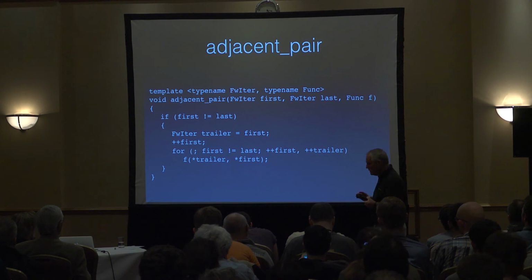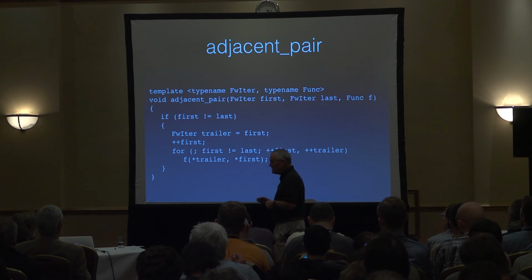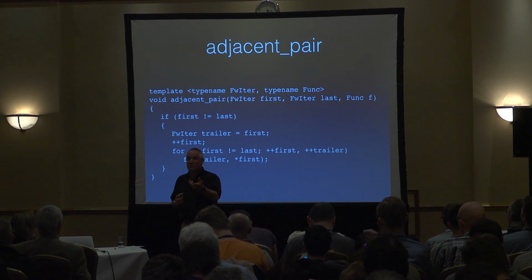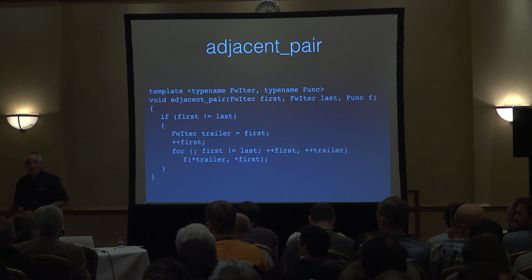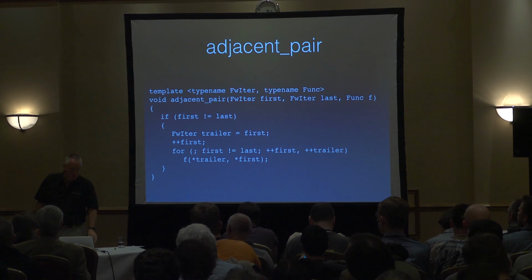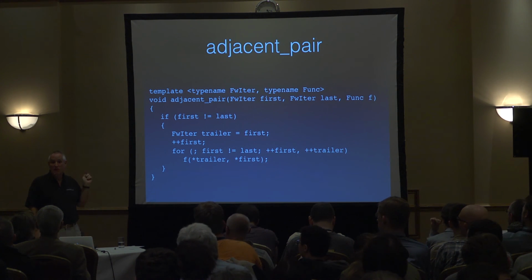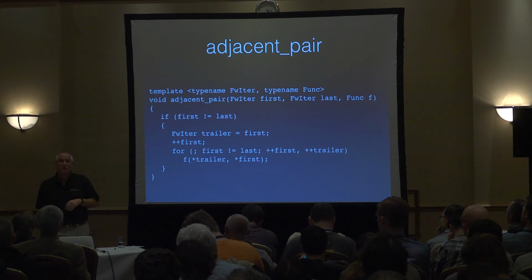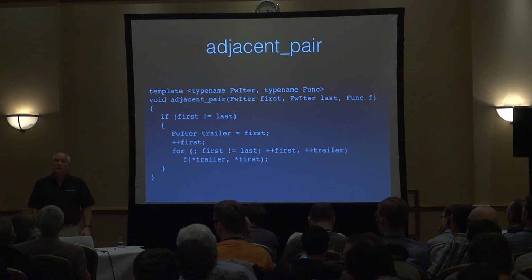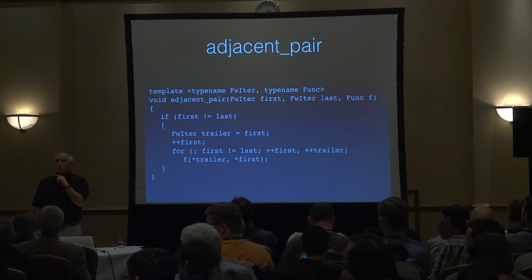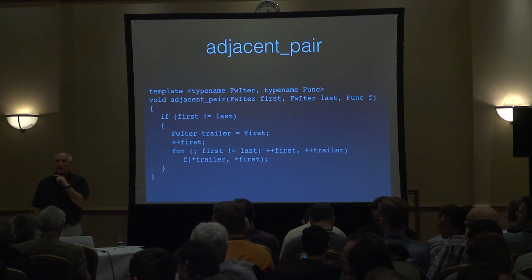We have recently adopted for C++17 the parallelism TS, which includes parallel versions of a bunch of the algorithms in the standard library. So there will be a parallel for each, for example, in C++17 and various things like that. But I can't really answer your question about the parallel STL. Maybe I answered the question.